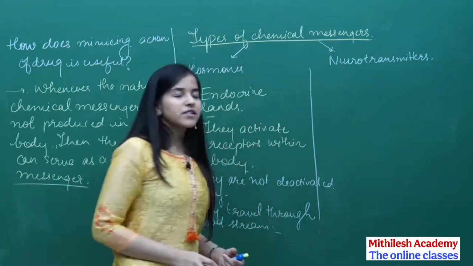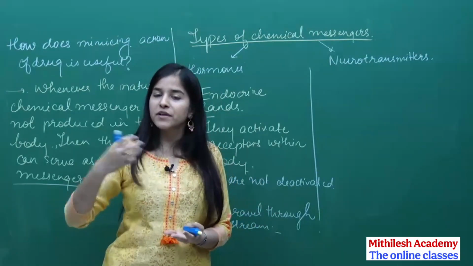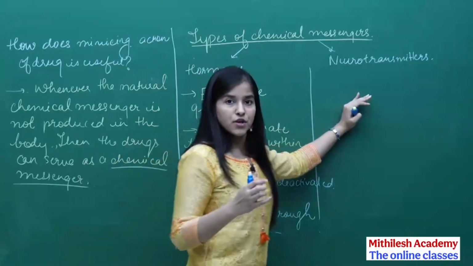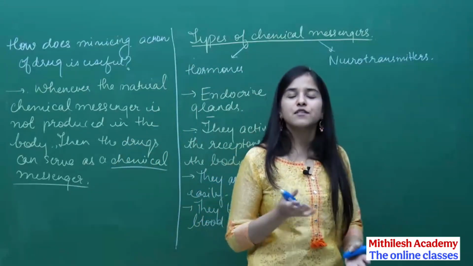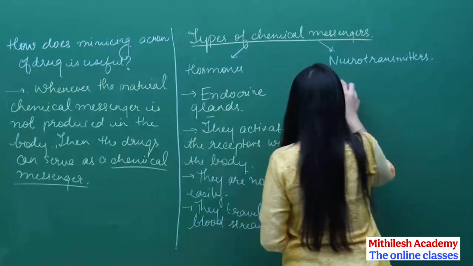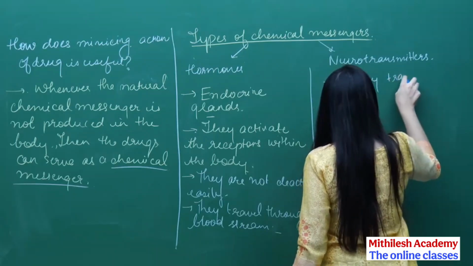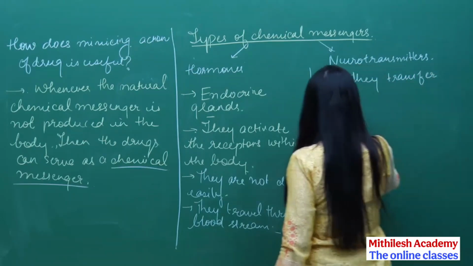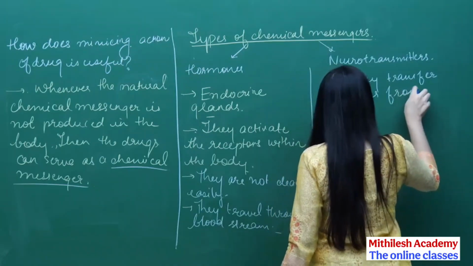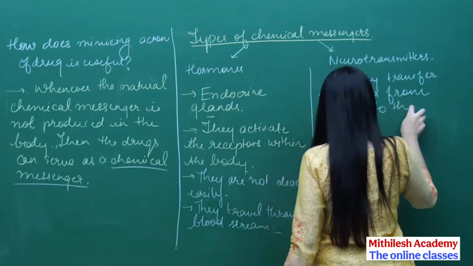What are neurotransmitters now? The nerve endings have some kind of messages to pass on to these cells. So neurotransmitters actually serve as the messenger to transfer the messages from the nerves to the receptors.